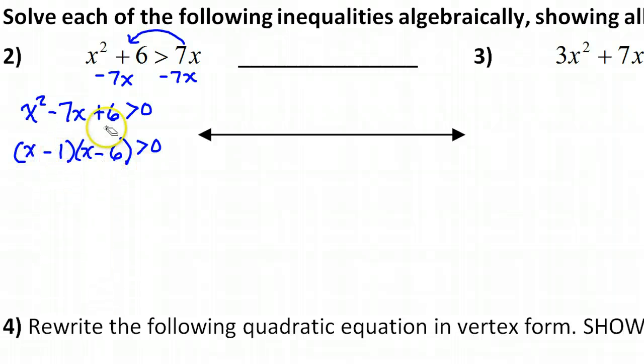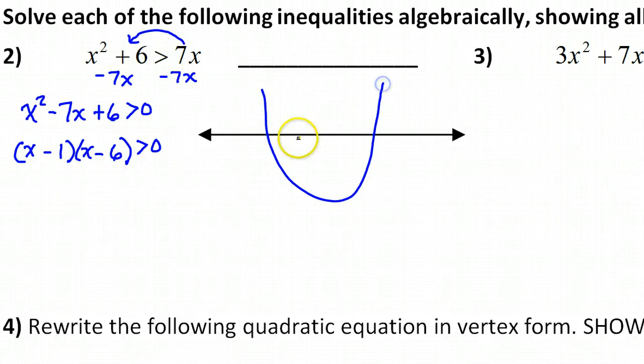We will get the x-intercepts because the idea is this is a parabola, and we're looking for the x-intercepts right now. The x-intercepts will always be where y equals 0. So I can find the x-intercepts if I set these factors equal to 0.